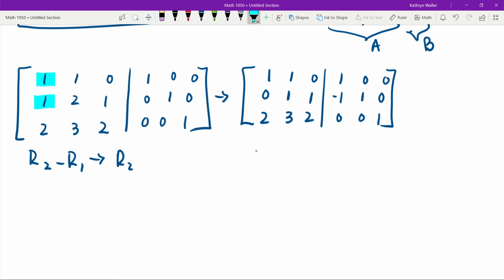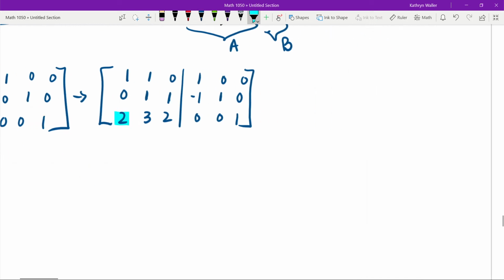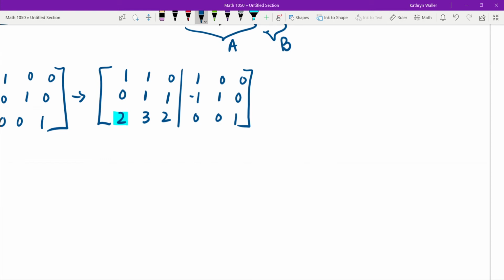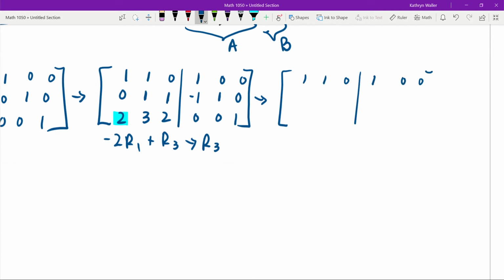Now I need to get a 0 here. Use the 1. So go negative 2 times row 1, added to row 3 becomes my new row 3. Row 1 doesn't change. Row 2 doesn't change.